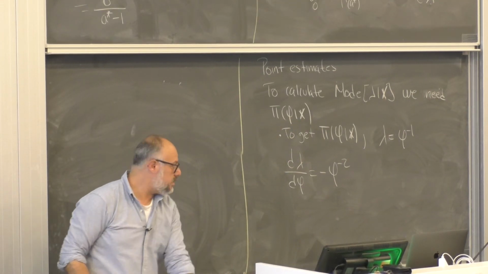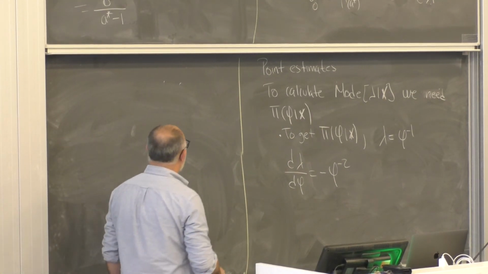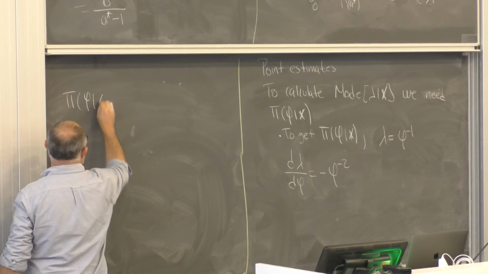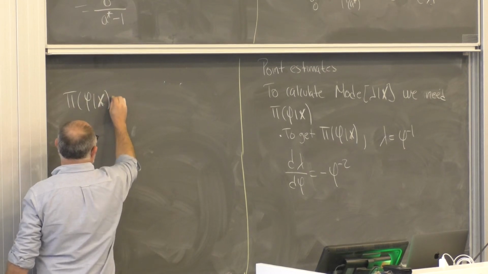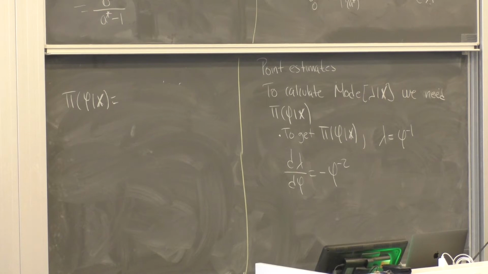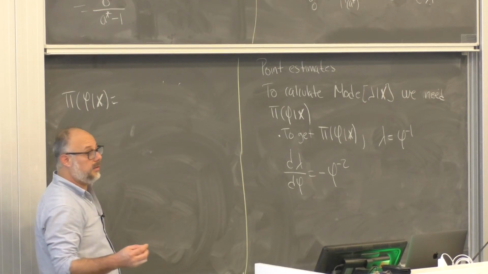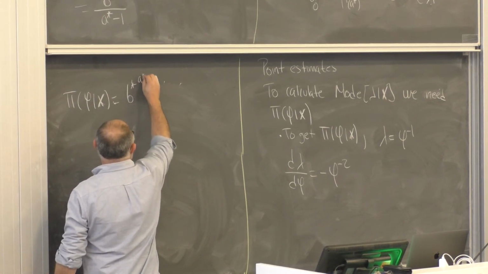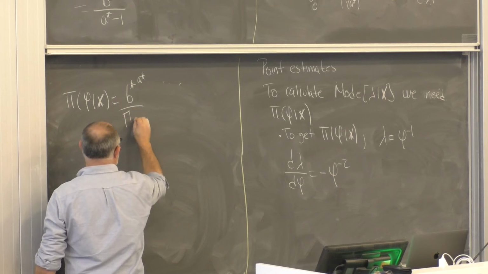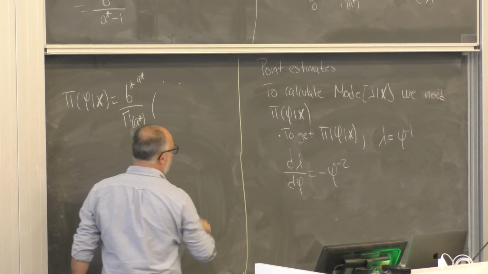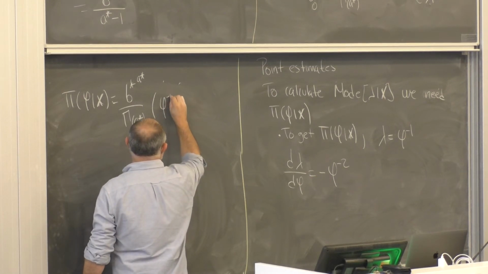So to get that, I need the Jacobian, and then I get pi of phi given x will be the PDF of lambda evaluated at lambda equals phi to the minus 1, times the absolute value of the Jacobian. Instead of lambda, I have phi to the minus 1.